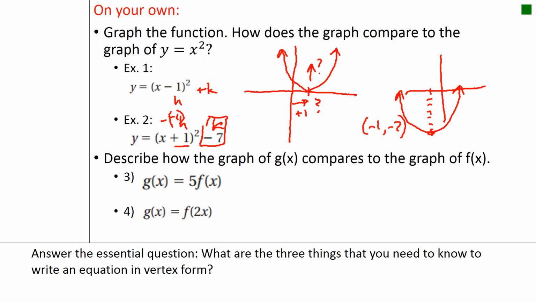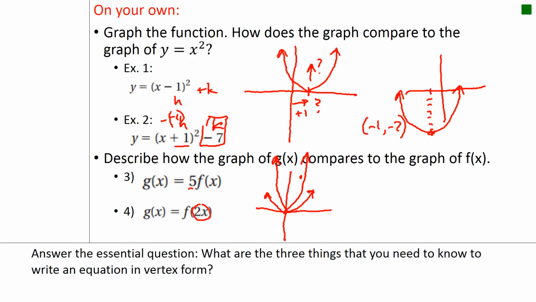Okay, in example 3 and 4, we're simply multiplying values, whether it's the y value, so this would be 0, 0, 1, 5, making it rather thin compared to what we would expect, because each answer is multiplied by 5.